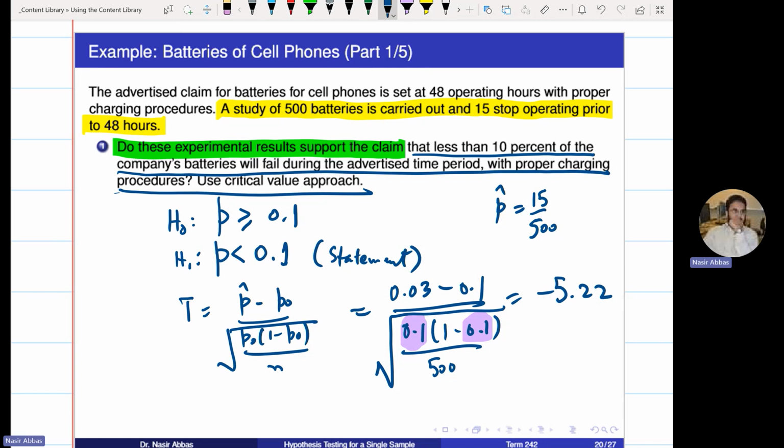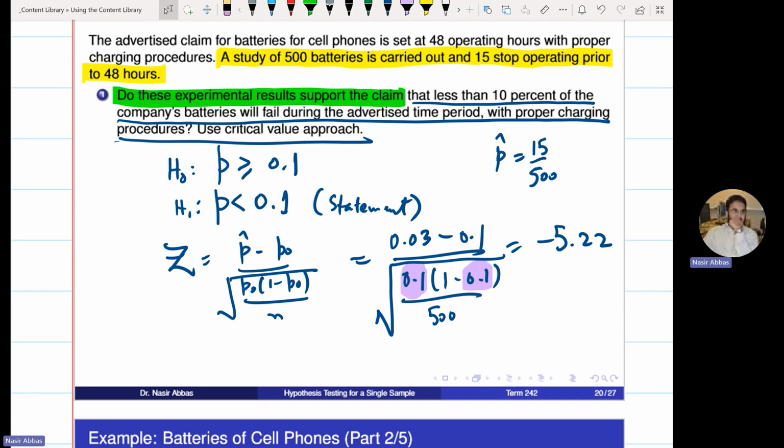It's written in the blue color with the pen. It's not. H1 is correct. The hat is correct. 0.03. 15 over 500 is correct. It is not T. It is T.